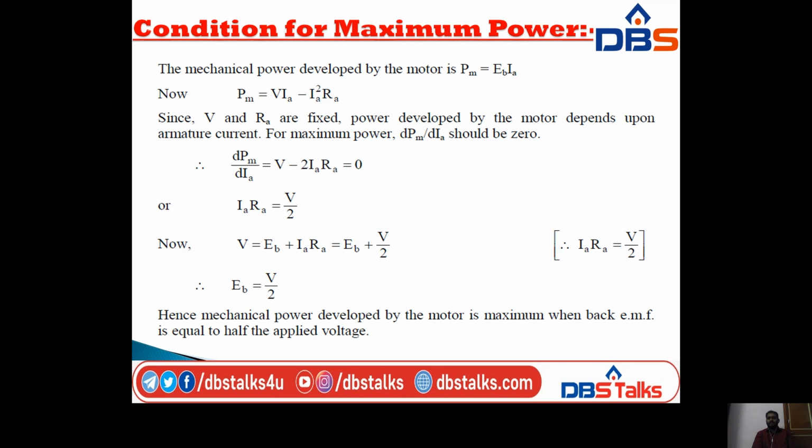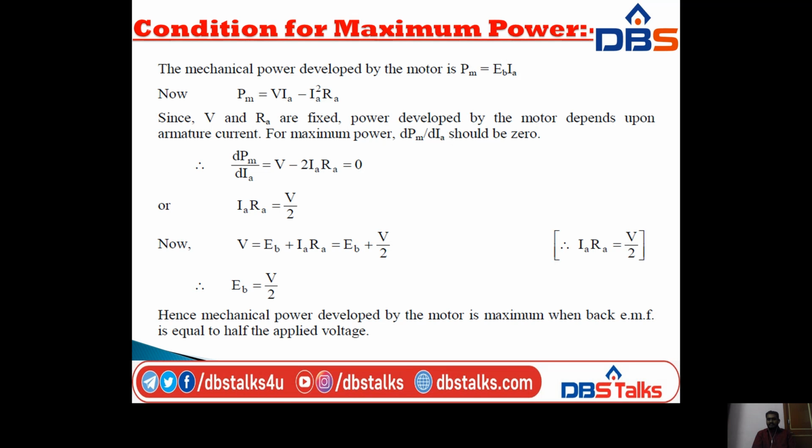Actually, the mechanical power developed by the motor is Pm = Eb Ia. So from this I am writing Pm = V Ia − Ia² Ra.